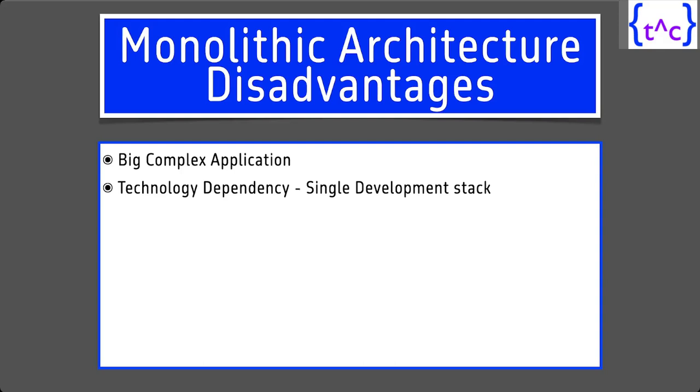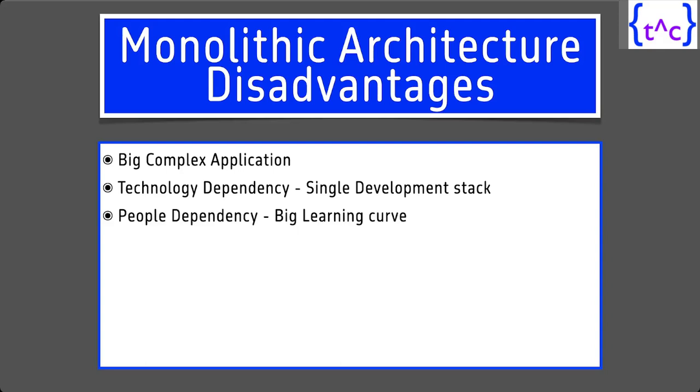Like you can assume many years back, the application was written using mainframe technology. But nowadays, Java is very popular and developers want to write the application using Java or want to write more features using Java's latest framework. They won't be allowed to do so because the application itself won't allow them, right? So there is a rigid technology dependency in the monolithic architecture.